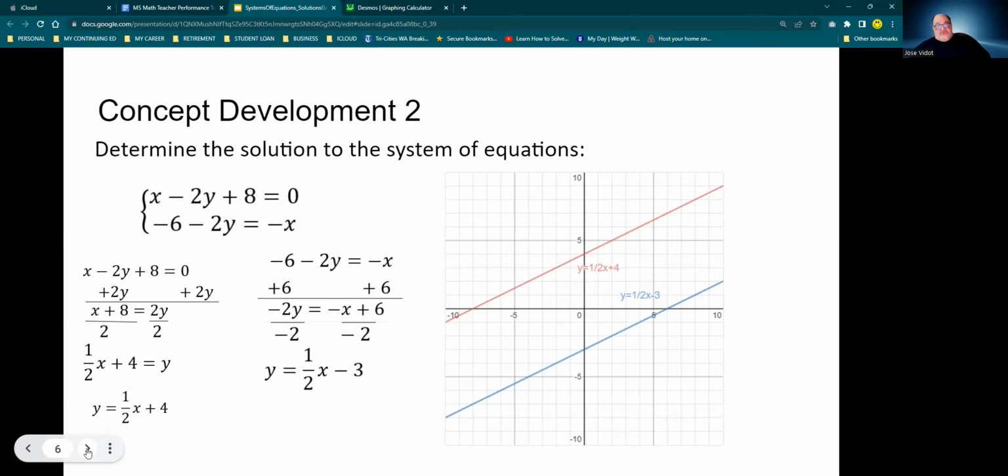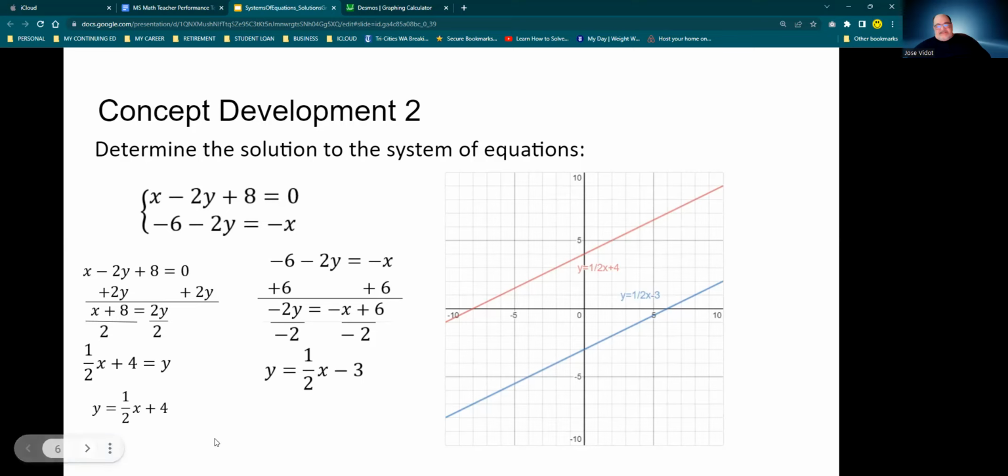Other students may use the word parallel, and some students might notice the 1/2 slope is the same for both, but that they intercept at different points. All of those are valid observations, and we put them all together and say that these are the properties of linear equations that are parallel to each other.